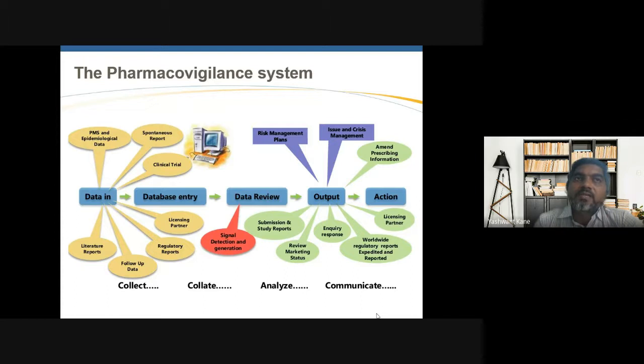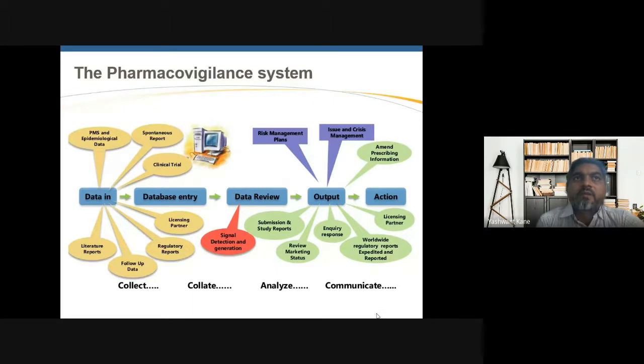And the output also comes out with some actions, which will reach the patients, or there may be some changes in how the drug is being used, how the drug is being marketed, or even the content available for that drug on the leaflet, which is available for patients, for doctors, etc. So I gave you an example of data in and data out. The AI companies also do that, and pharmaceutical companies also do that. Unfortunately, or fortunately, we feed all the data without any hindrance to all these companies. And it is all required.